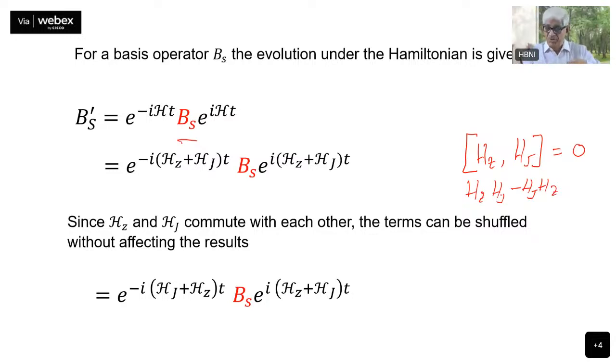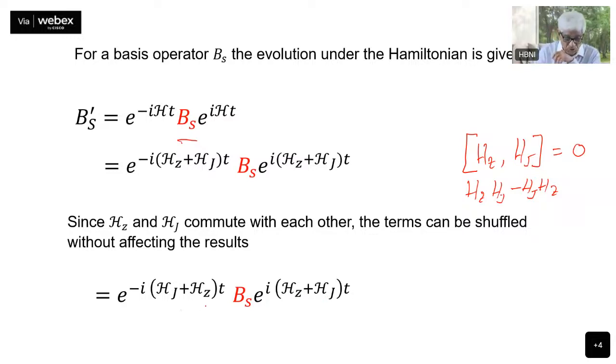In the weakly coupled situation, this holds good, but this does not hold good in the case of a strongly coupled spin system. Since we are talking about the weakly coupled spin system, this is allowed, and therefore we can do various kinds of manipulations. So I turn these two things around. I put the J first and the Z here, but I don't do that elsewhere because it doesn't matter, either way I can put.